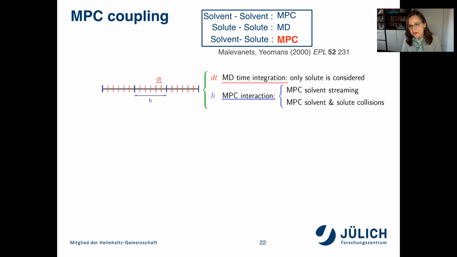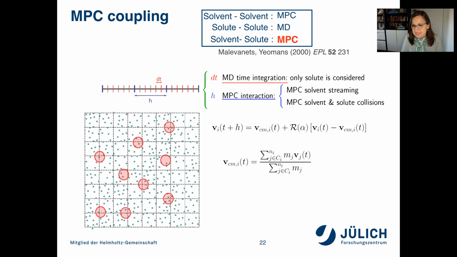In the MD time, you will have to consider in this case only the solute, because MD only affects the solute. And with MPC, you have to stream the solvent on the one hand, and then consider the interactions between the solvent and the solvent. As I said, this is just an MPC with the same collision rule that we have, but here the velocity of the center of mass has to consider the solvent particles plus the solute.